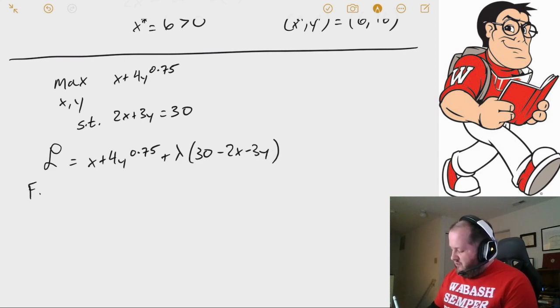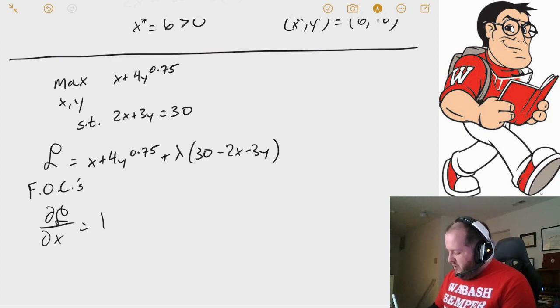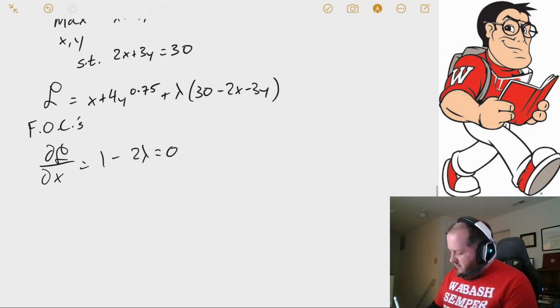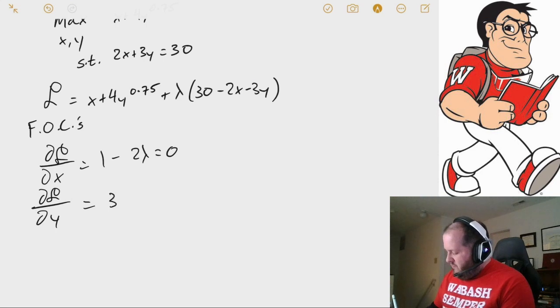Get some first order conditions. The derivative of the Lagrangian with respect to x is 1 minus 2 lambda equals 0. The derivative of our Lagrangian with respect to y equals 3y to the negative 0.25 minus 3 lambda equals 0.